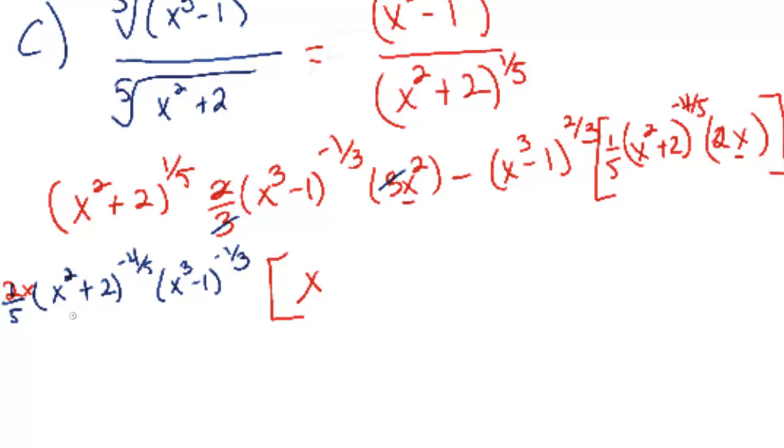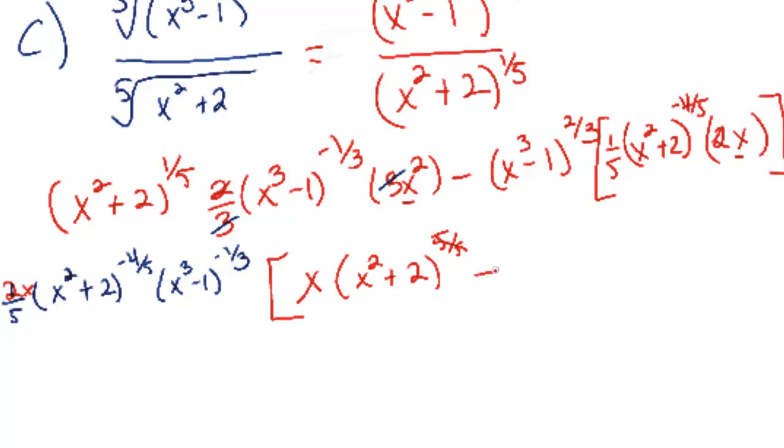And then x cubed minus 1 to the negative 1/3 cancels, and then I'll be left with x squared plus 2 to the 1/5 over negative 4/5, so it becomes x squared plus 2 to the 5/5. In other words, just a 1.